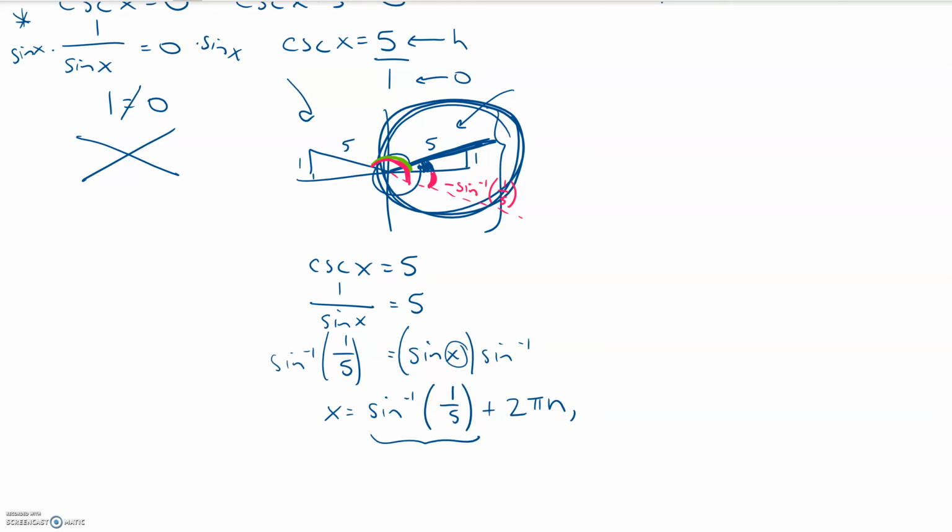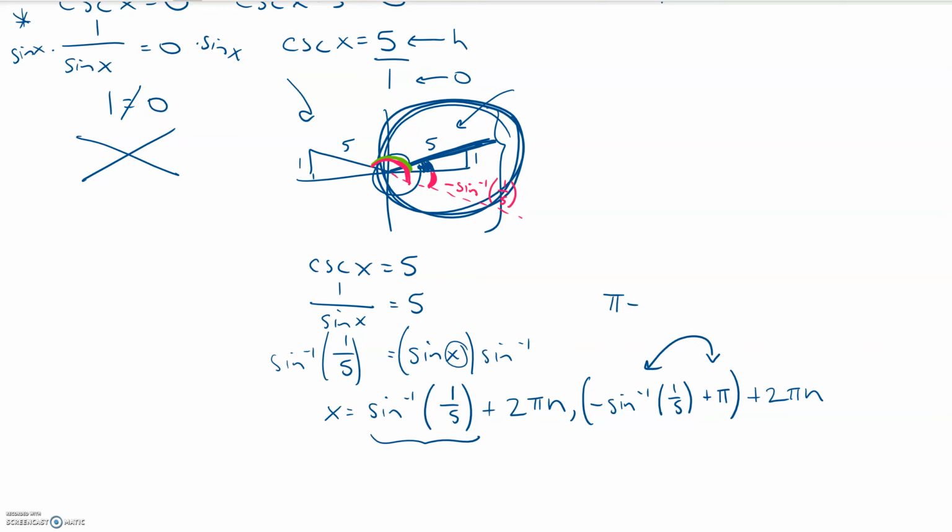So the second answer for this particular equation is negative sine inverse of 1/5 plus pi. That gives us the green angle that we originally had. And then we're going to spin in full circles, plus 2 pi n. This negative sine inverse 1/5 plus pi, oftentimes it will be written reversed.